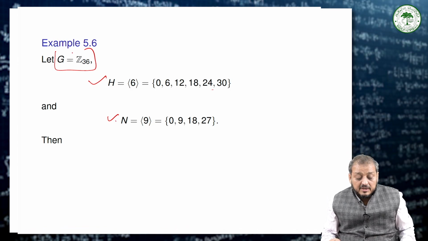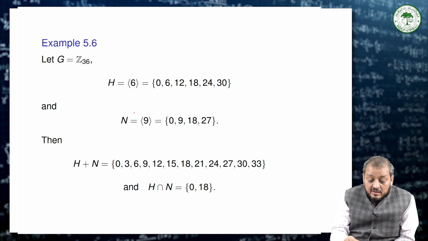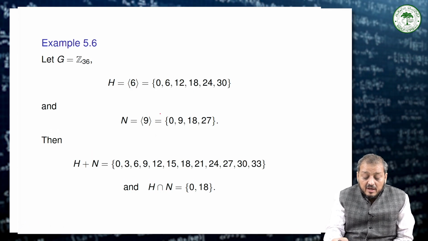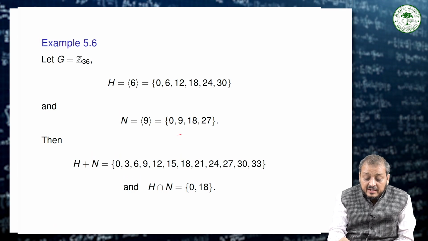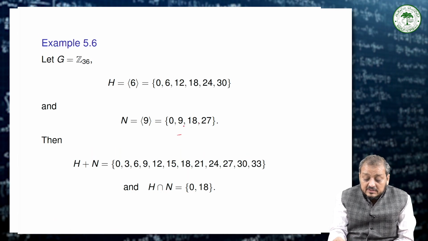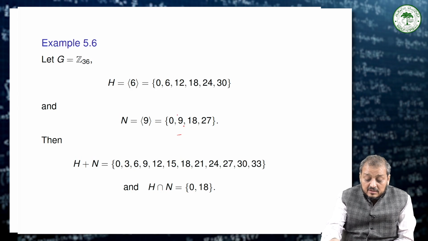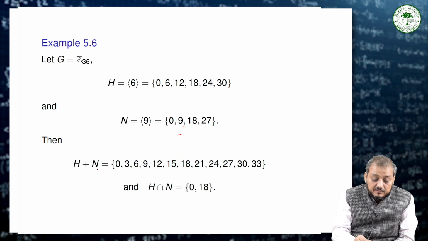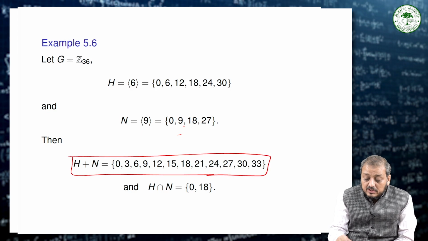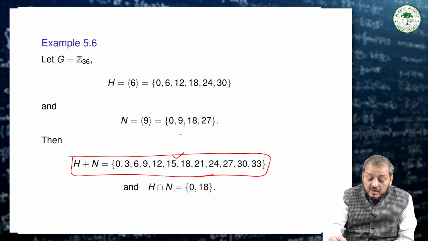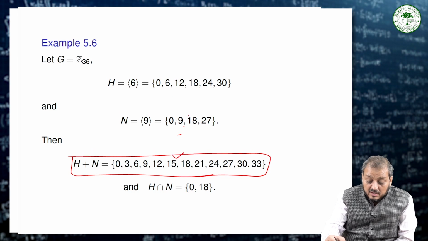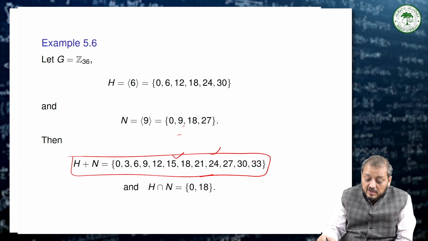So we take H plus N. H is an element of this, and N is an element of this, so 0, 9, 6, 18 are there. Now 6 plus 9 is equal to 15, and 6 plus 18 is 24, and similarly for all the other elements.